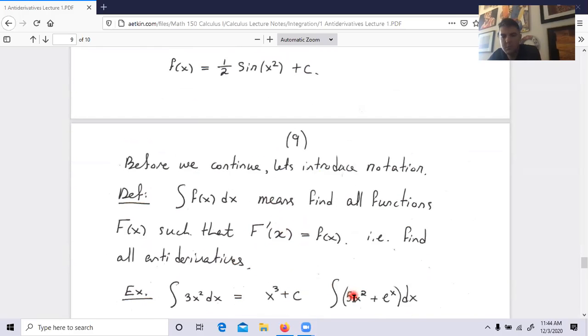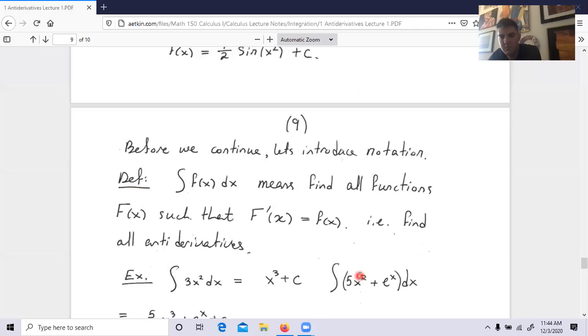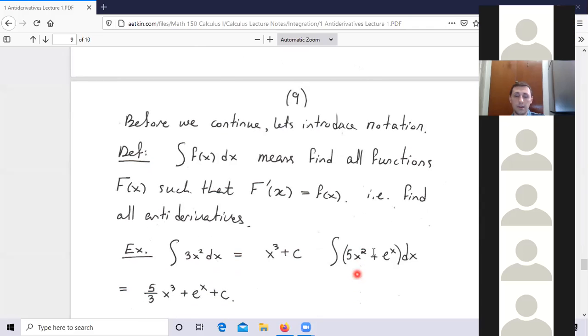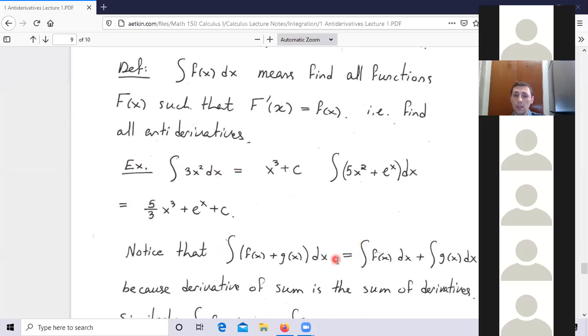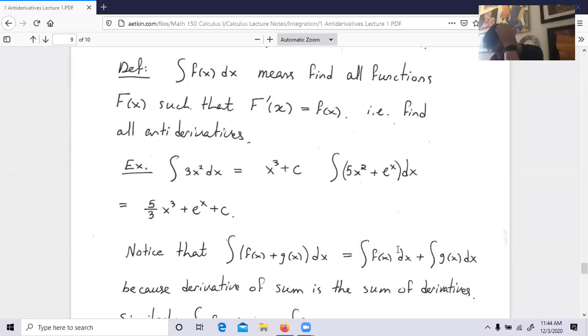Or if I have the integral of 5x squared plus e to the x, I'm asking what function might have produced 5x squared plus e to the x as its derivative. And I write 5/3 x cubed plus e to the x plus c. Good. And of course, you can notice that the integral of the sum is the sum of the integrals.